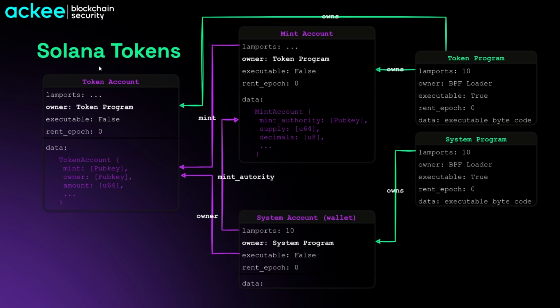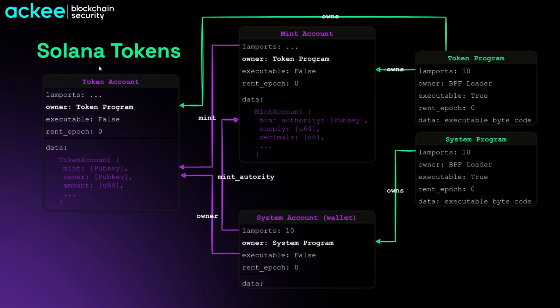Then in the middle there is the mint account, which specifies the new token. So let's say we are talking about some meme coin, for example, what's the name of the token? Dog with head or something like that. Yeah, this meme token has also its own mint account.